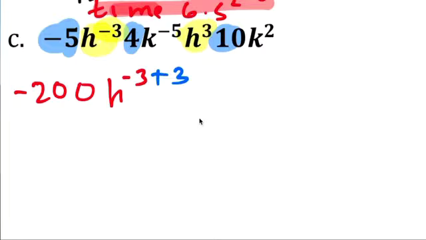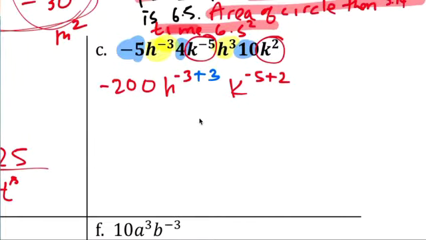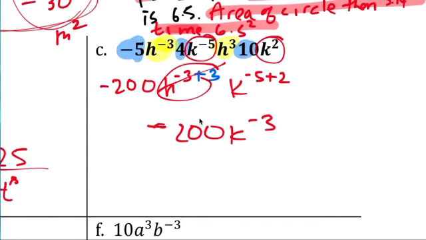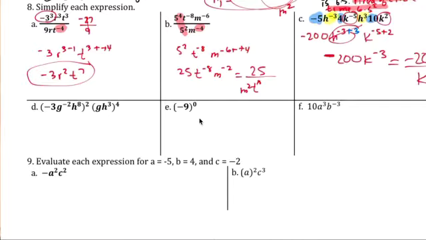And then k, you have this negative 5 and this 2, negative 5 add 2. This is 0, and 0 exponent makes it 1. 1 times negative 200 is negative 200, k to the negative 3. Now this answer is negative 200 over k to the third. Okay, and that's how you do that.